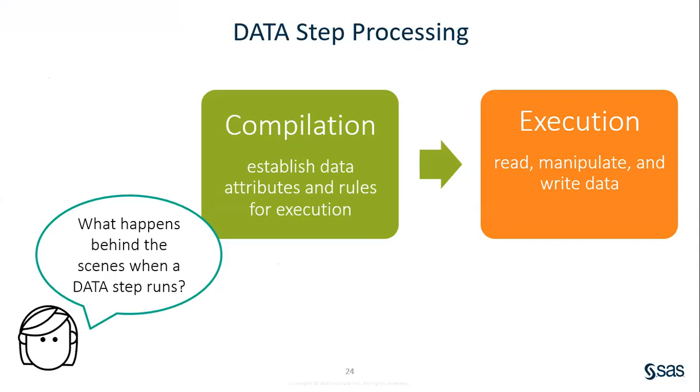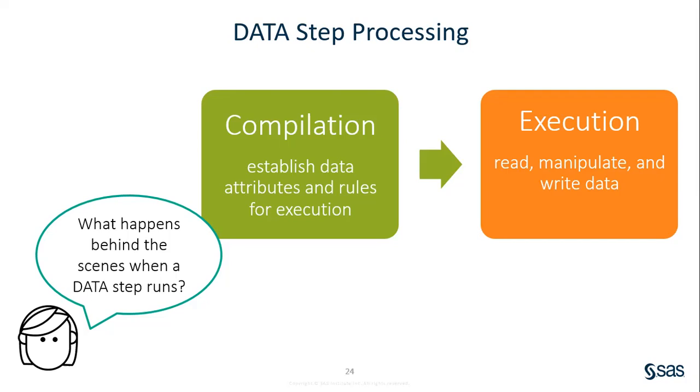When we submit your data step, we know there are two phases occurring at the back end, compilation and execution. I've explained this with an example of preparing a dish, suppose for breakfast called poha. Whenever you're preparing something, you start compiling the things, that is, you jot down the things.